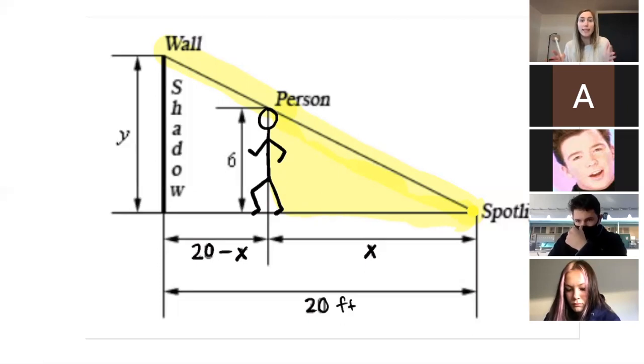So that distance is getting shorter and shorter. The distance between the spotlight and the actual wall, that's not changing. That's going to stay constant. And then in this picture, the height of the shadow is being referred to as Y.